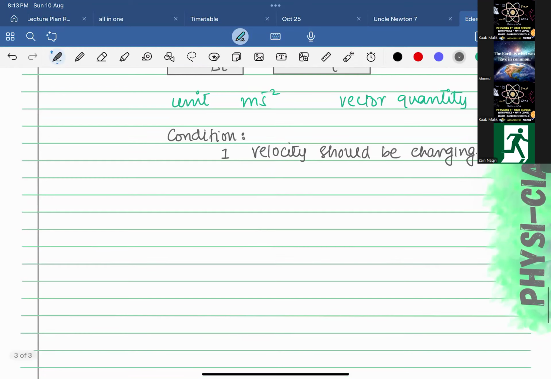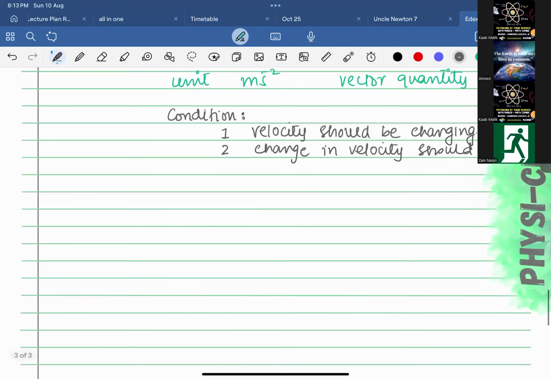The second thing is change in velocity should be uniform or constant. What does this mean?